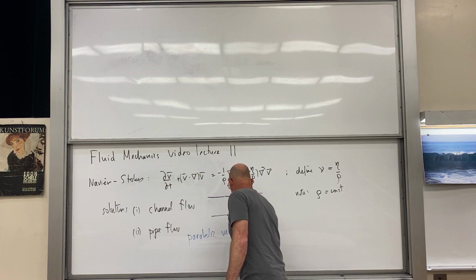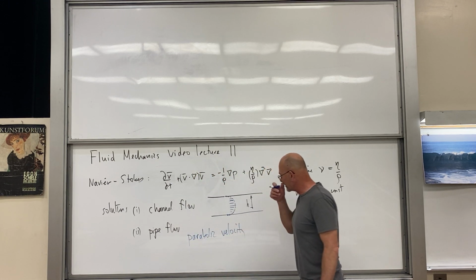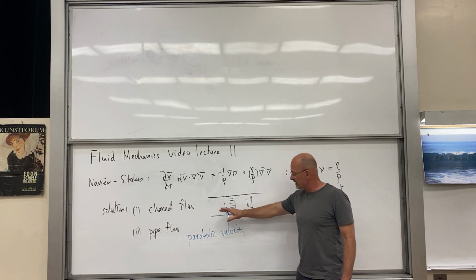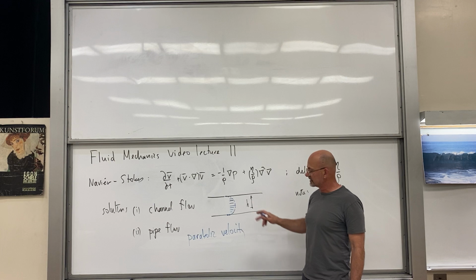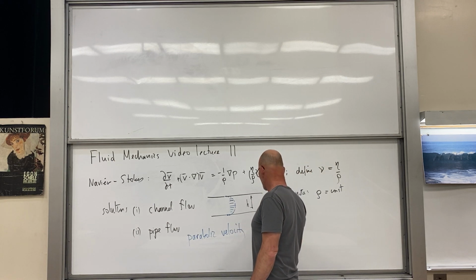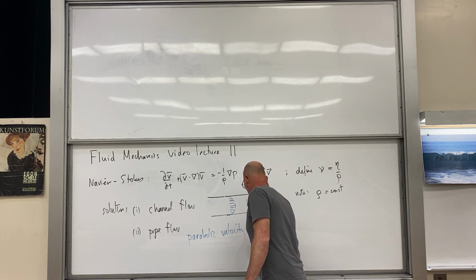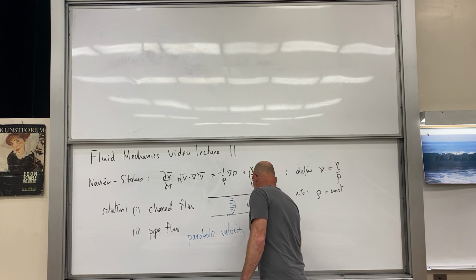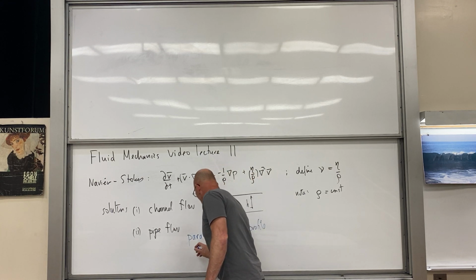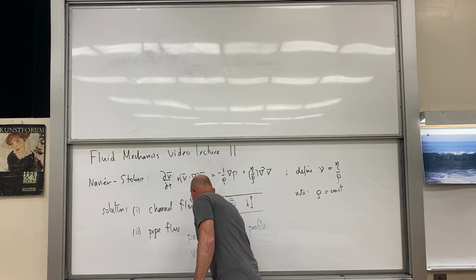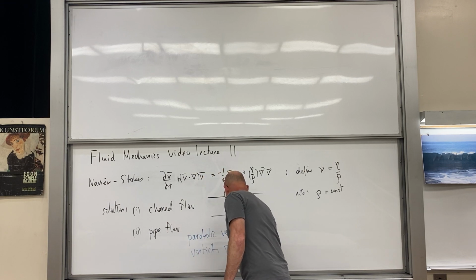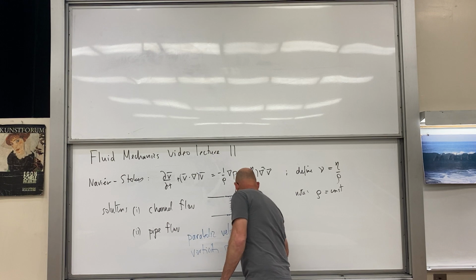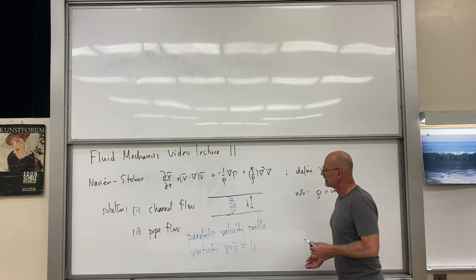And of course, when you take the curl, you find that they have vorticity throughout, except right down the center. Parabolic velocity profile, and I'll just write vorticity. Curl of V is generally not equal to 0.